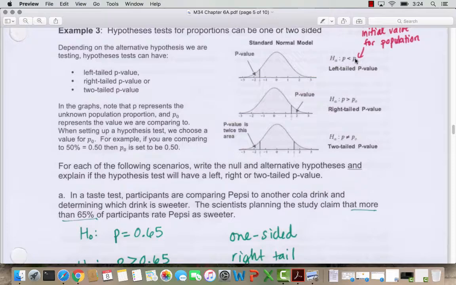This P sub 0 is just standing in for the number that we compare our population value to. If we have a less than inequality, that's a left-tailed p-value. If we have a greater than inequality, that's a right-tailed p-value. And if we have a not equal to inequality, that is a two-tailed p-value because you could have a less than relationship or a greater than relationship for your alternative hypothesis.